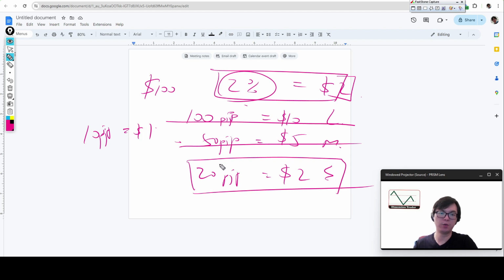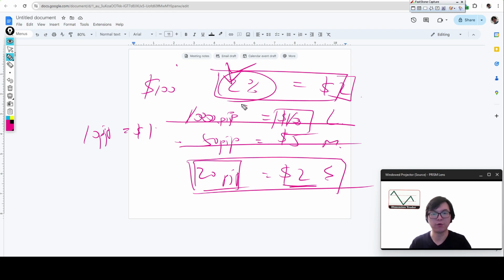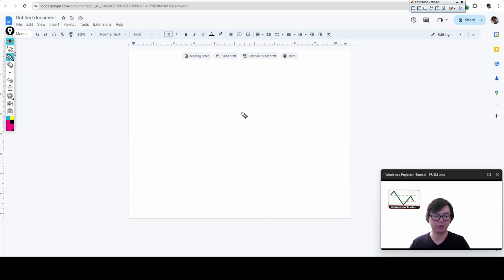This is how we come up with the 20 pips, $2 calculation. So if you have 100 pips, this is definitely going to be $10 risk. This is more than 2%. So we are going to consider what kind of risk you are going to take before we move on to the trading style you are planning to use.